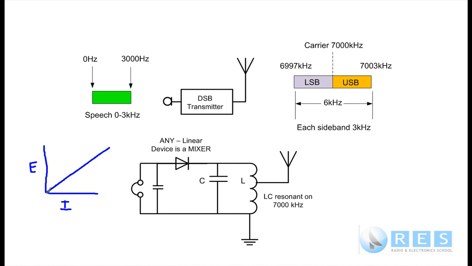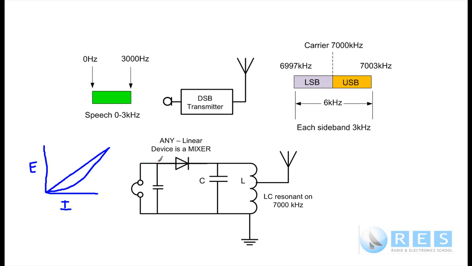If we were to do the same thing for a diode, if it was forward biased, we get something like this. It's nonlinear. A diode is a non-linear device because the current is not proportional to the voltage, whereas with a resistor it is.